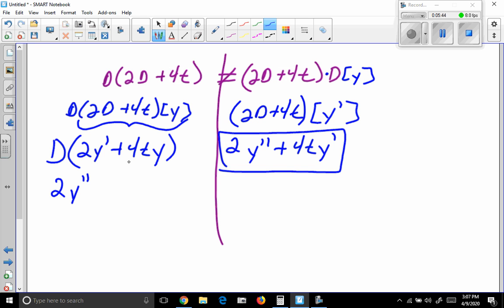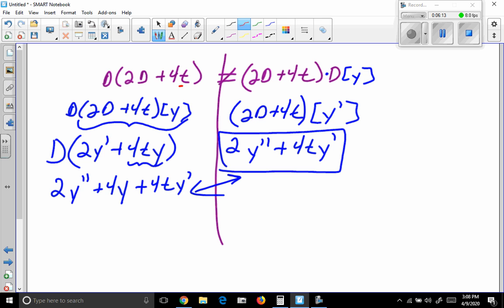But when we take the derivative here, we have a problem. t is a variable and y is a variable, so we have to use the product rule to take this derivative. So the product rule says take the derivative of the first part, so the derivative of 4t is 4 times the second part, plus the first part times the derivative of the second part.